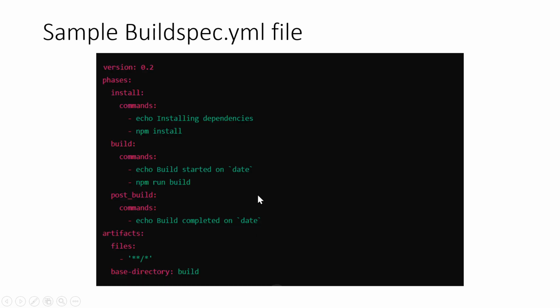Okay, here is another simple example. When you are going with a Node project, you can install the dependencies, that is npm install, and the commands are just that, and this is the command to run your application or the code to get the package. And post build, echo build, we just provided the details when it got completed.